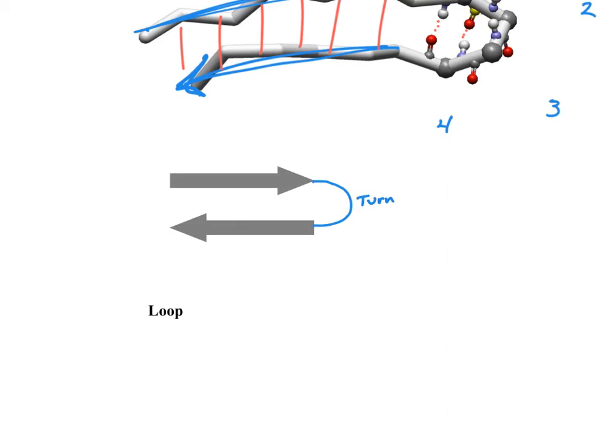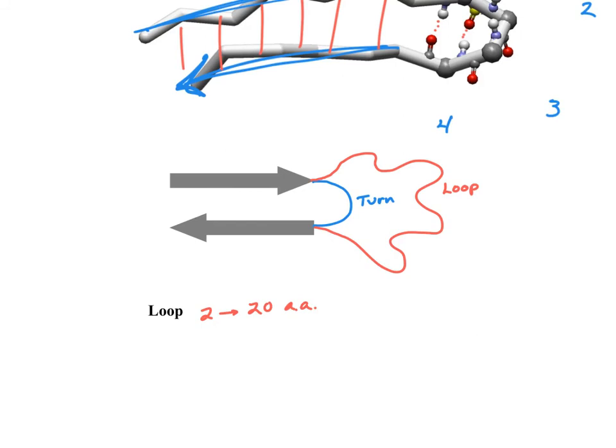Alternatively, as I mentioned above, we could connect these two strands by having a much longer and irregular structure that is somewhat random in its structure. That's called a loop. And loops can be anywhere from, I guess we could say, 2 on up to huge. It could be 20 or so amino acids long.